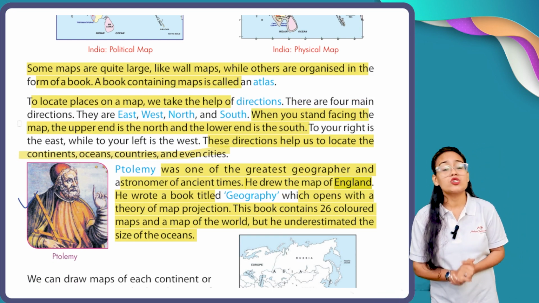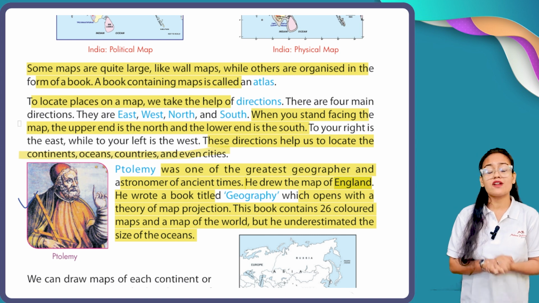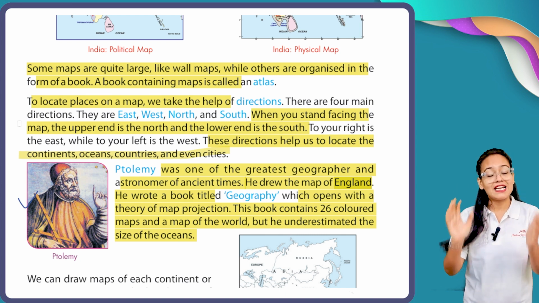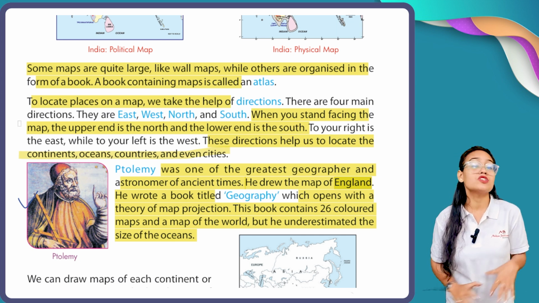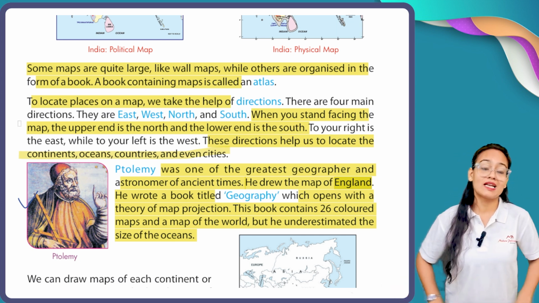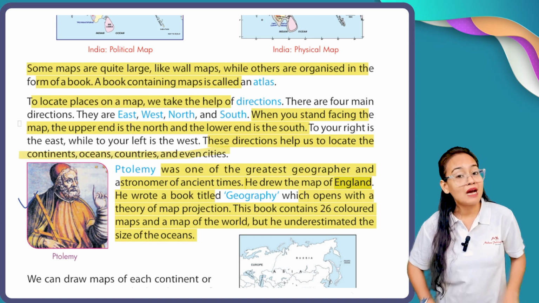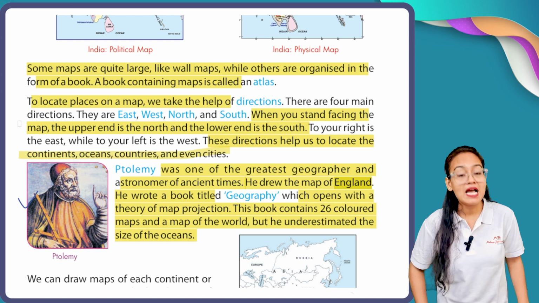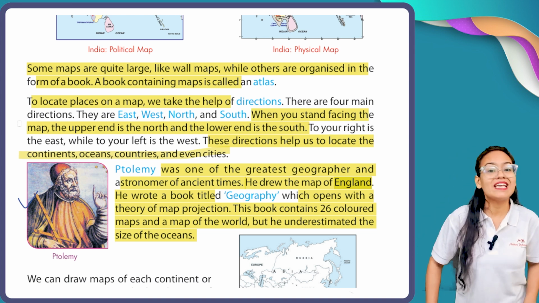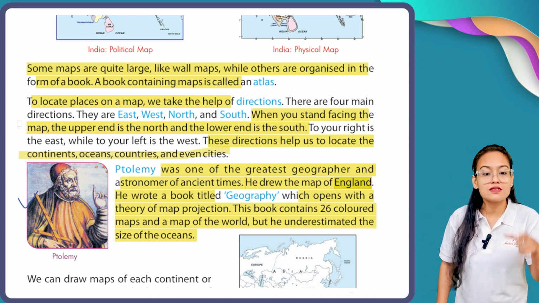Why was Ptolemy considered a great geographer and astronomer? Because in the ancient world, he drew the map of England. He also wrote a book named Geography, and in that book we can see there are 26 colored maps.